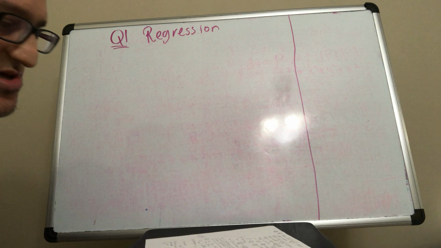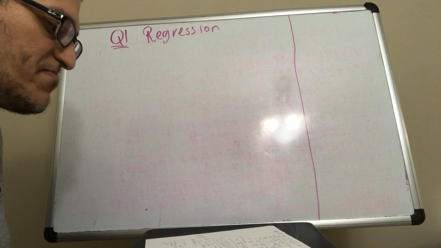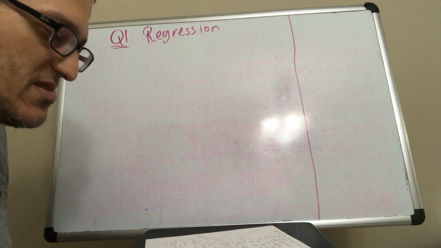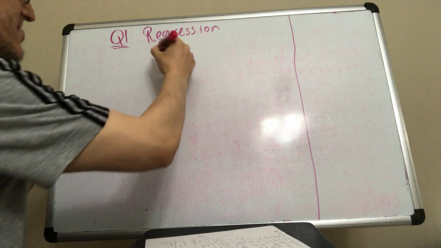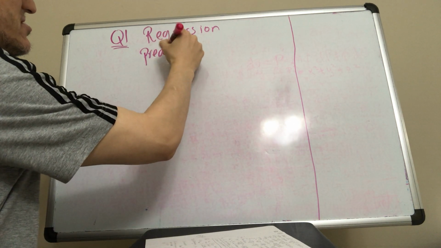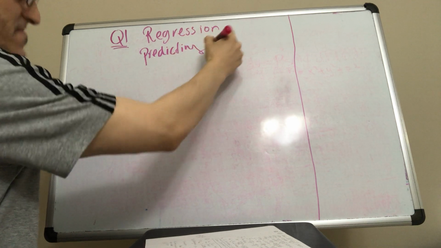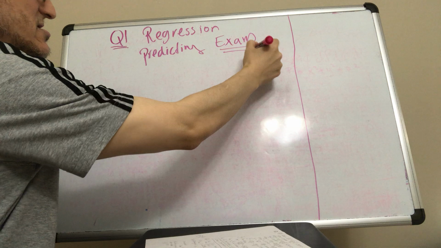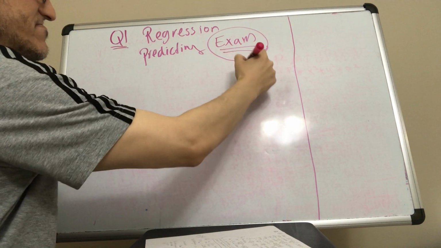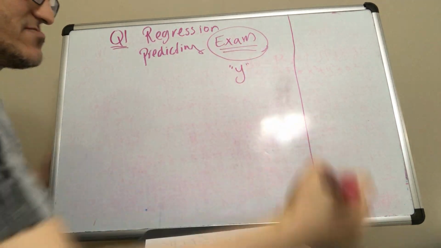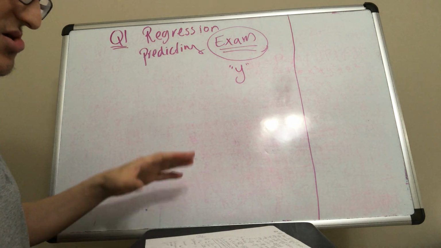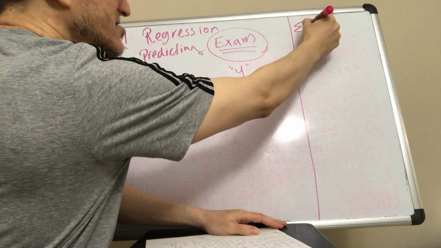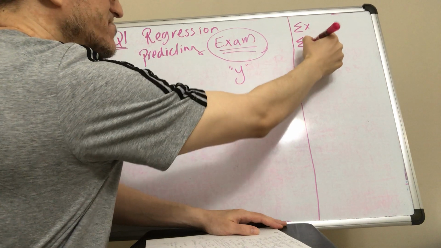Now, the first thing you need to know is whatever you try to predict, that's your y. And they tell you in the question that you're predicting the exam score. That means that exam is your y variable. So all the different sums given, we need to write them in terms of x and y.